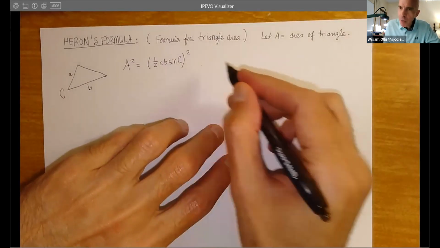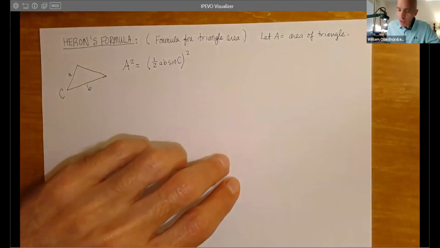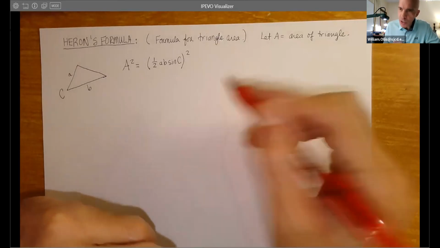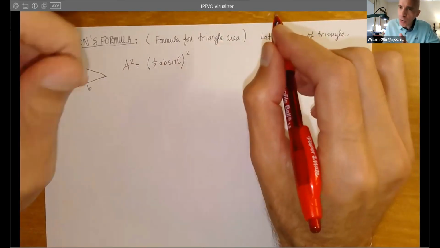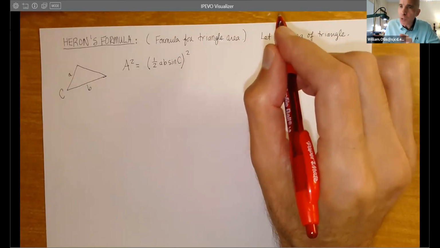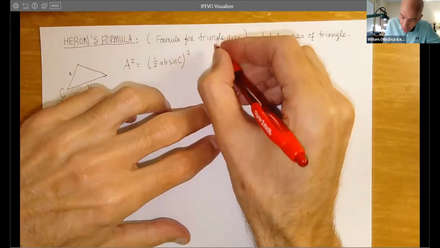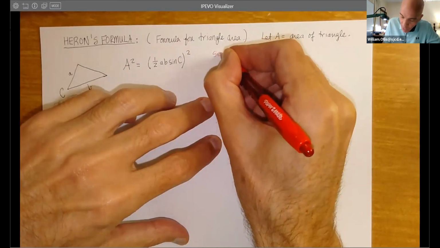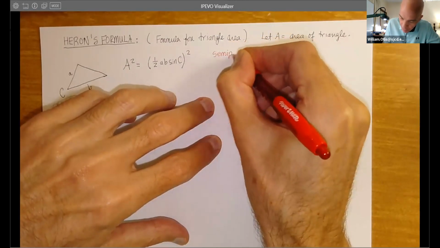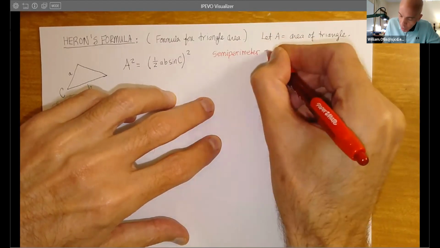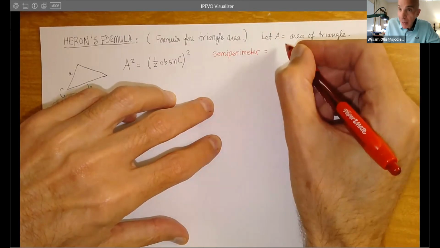So that's our formula, and you're thinking, magically this is supposed to transform into something else. There's not a whole lot given here, Professor Ron, you just start with a triangle. So we need a new object. It's called the semi-perimeter. Let's define that. I'm sorry, this is a bad letter.